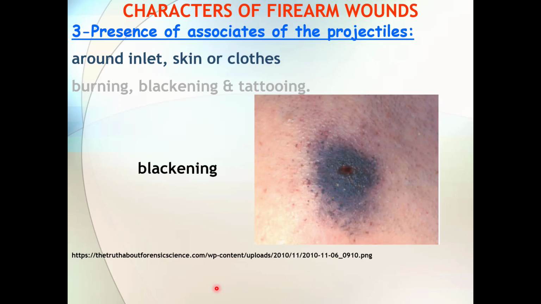The third character is the presence of associates of the projectile. These associates of the projectile are such as burning, blackening, tattooing around the inlet.